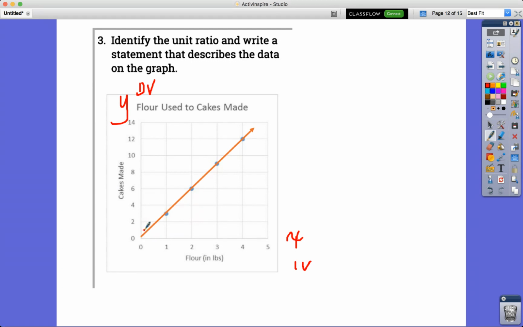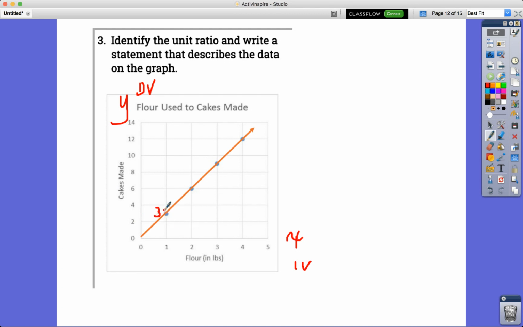So 1 is going to be halfway between 0 and 2. 3 is going to be halfway between 2 and 4. So I know if this is increasing by 2, the distance halfway would be the number in between the 2 and the 4. So when I have 1 pound of flour, this is halfway in between 2 and 4. So that means this is 3.